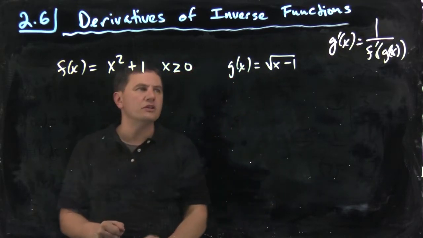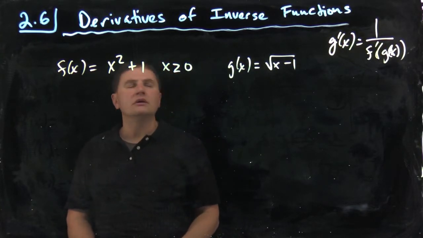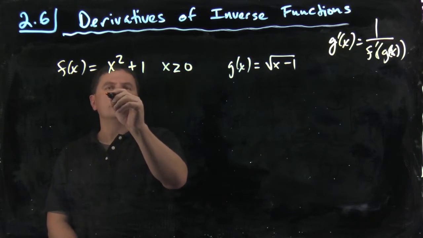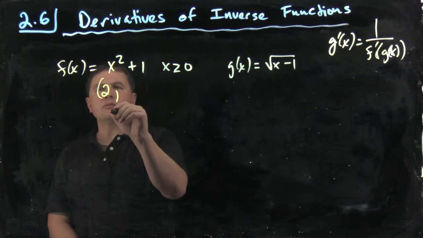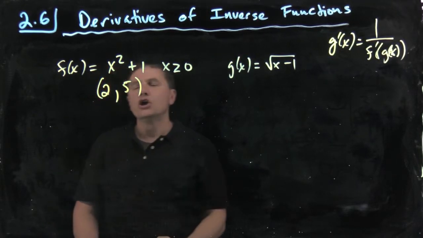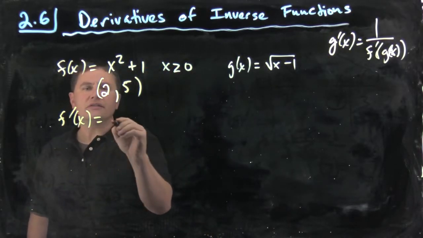So let's just confirm that this does indeed work. Let's take the point x equals 2, right? And that will give us the point 5, okay? So what I'm going to do is take the derivative of f, that's equal to 2x.